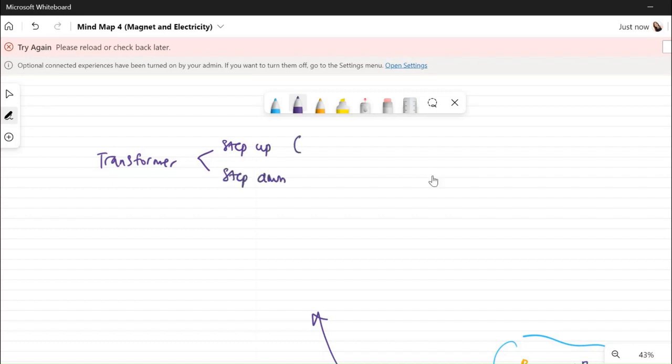For a step up transformer, the number of turns in the secondary coil is higher than the number of turns in the primary coil, and the voltage in the secondary is higher than the voltage in the primary. However, the current in the secondary is lower than the current in the primary. For the step down transformer, the number of turns in the secondary coil is lower than in the primary coil. The voltage in the secondary coil is also lower than the voltage in the primary coil.